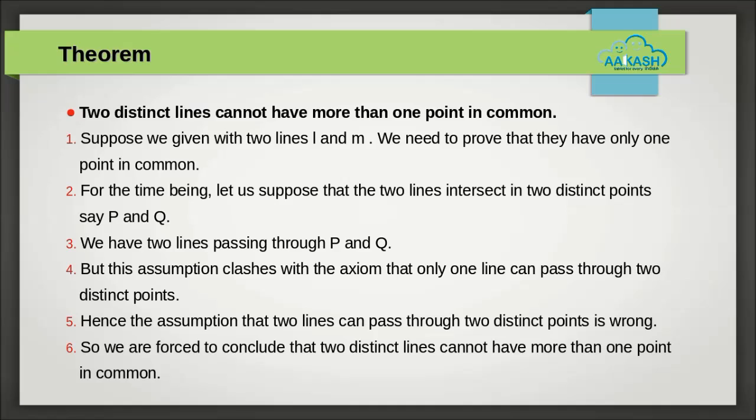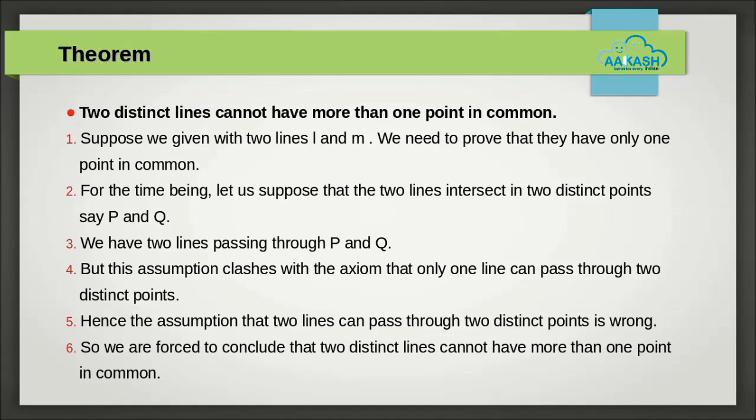Theorem. Based on these definitions, axioms and postulates, we can deduce some theorems. For example, here we try to prove a theorem which says two distinct lines cannot have more than one point in common. To prove this, given two lines L and M, we need to prove that they have only one point in common.